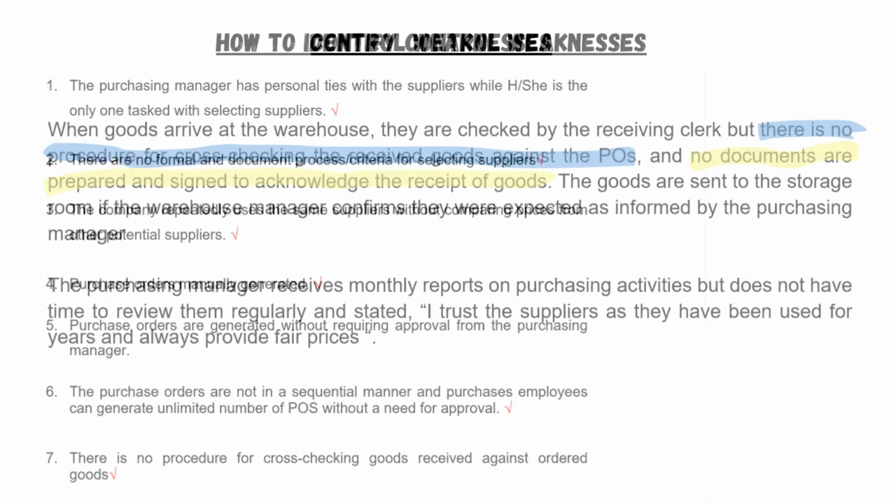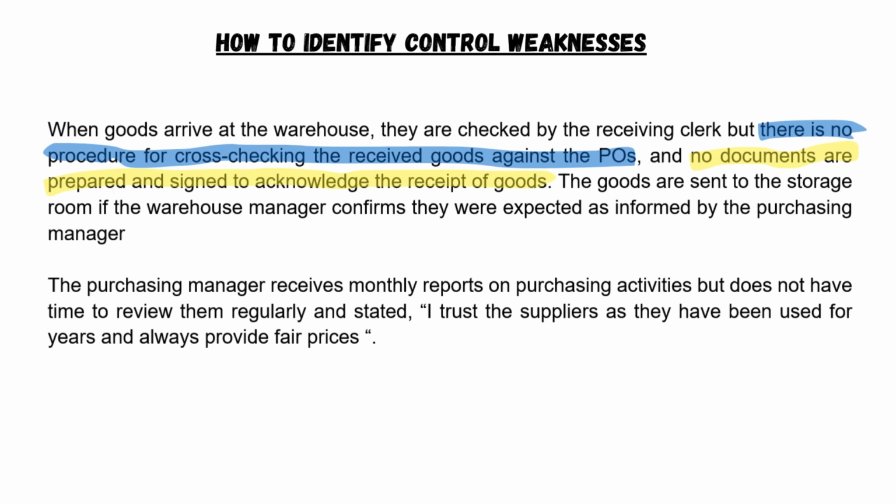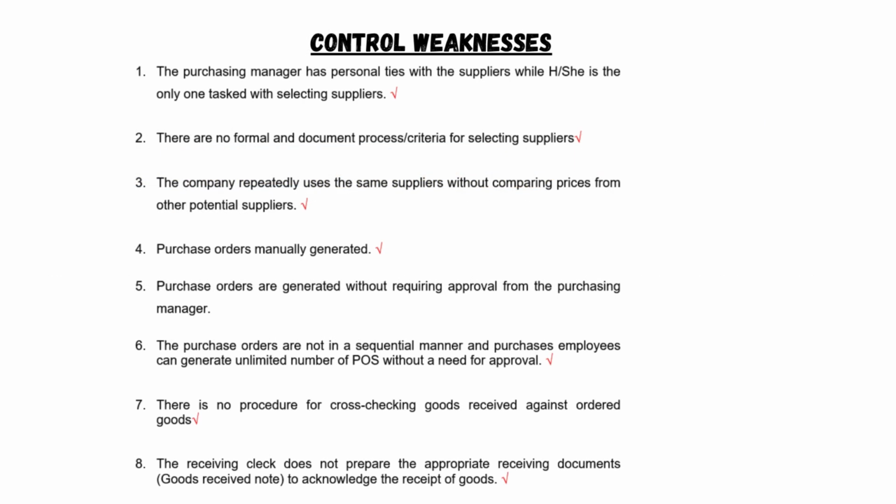Now, another thing that you can notice is that there is also no document which is prepared and signed to acknowledge the receipt of goods. Remember, the role of a receiving clerk is to receive inventory. Now, before you receive inventory, the receiving clerk will need to count the goods in terms of the quantities, check that it is the correct quality and the product specification that we've ordered, and then they need to prepare a goods receipt note to acknowledge the receipt of those items.